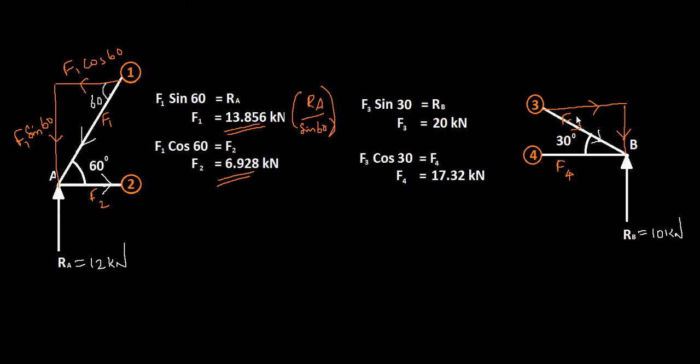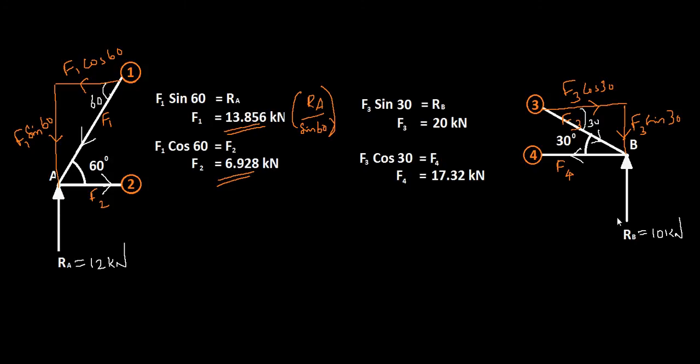And because this is 30 degree, this will be again 30 degree, and you have F3 cos 30 and F3 sin 30. So for the equilibrium you have F3 sin 30 equal to Rb and F4 equal to F3 cos 30, and F4 should be acting in the negative x direction for the equilibrium.